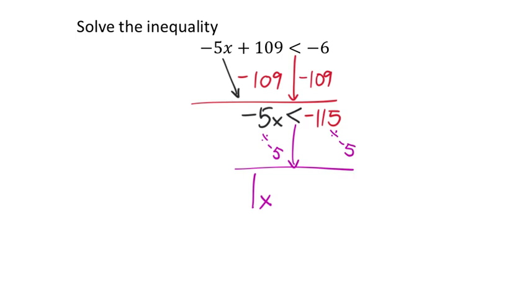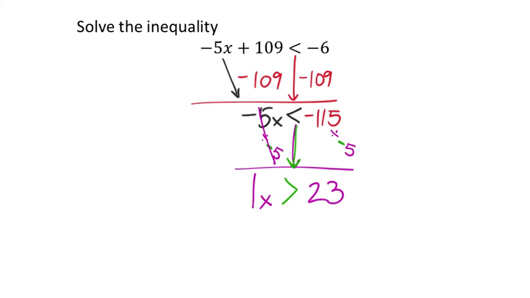Okay, but you'll notice again, we did divide both sides by a negative here, which means that the inequality needs to flip into a greater than symbol. Okay, so negative 5 divided by negative 5 is 1, just as we planned, just like we forced it to be. And then negative 115 divided by negative 5, that's going to be a positive value. Looks like that's going to be 23 right there, positive 23.